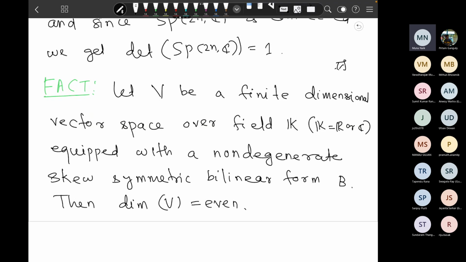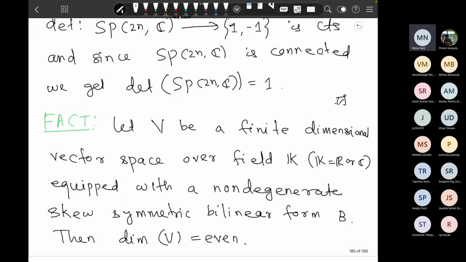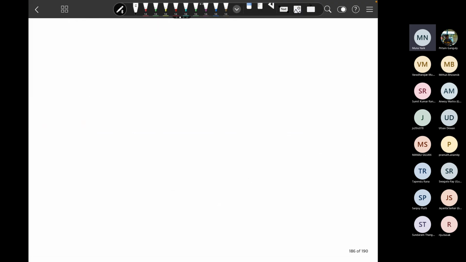So how to show that? This is a very easy thing. What I'm saying is that if on a finite dimensional vector space over a field K, where K is R or C, we have a non-degenerate skew symmetric bilinear form, then the dimension of V is even. So the proof is very simple.